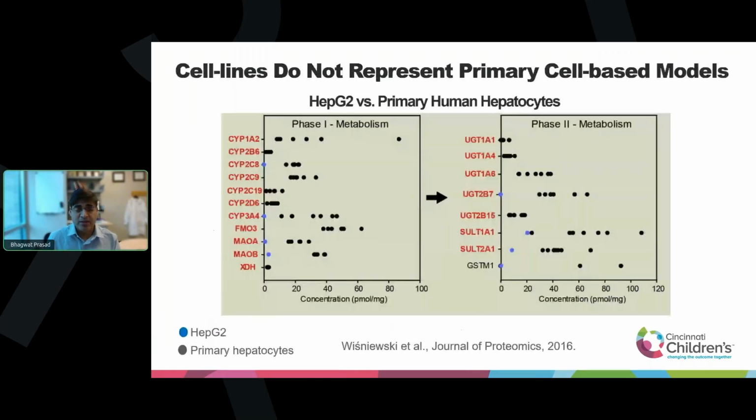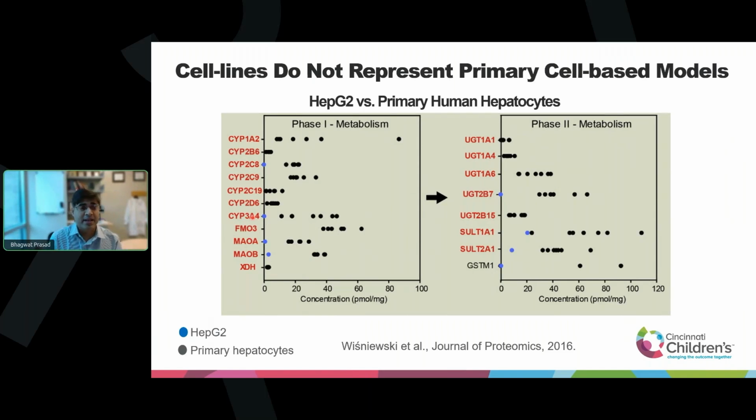I would like to start with this example and want to highlight why it is important to quantitatively characterize proteins in these models. This is an example of HepG2, again, which is not a NAM anymore, but it used to be a NAM when we started, cell culture and the hepatic cell line.